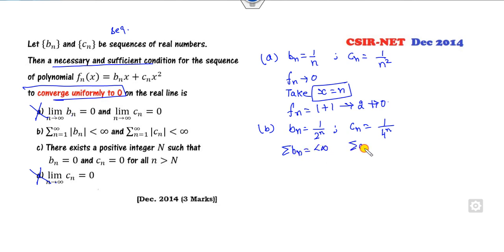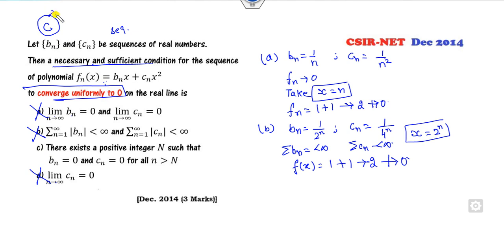This is a GP series, so it is again finite. But what is the fx? I can take x as 2 raised to the power n. Fine, for any of this x. So what is that? It is 1 plus 1. Again it goes to 2, which does not go to 0. So this option is also cancelled. The remaining one, C, is the correct option of this problem.